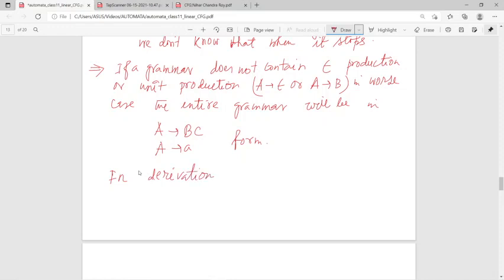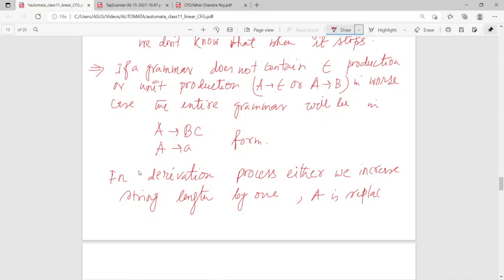in the derivation process, either we increase the string length by 1, that means A is either replaced by two variables, or it is replaced by only one terminal.